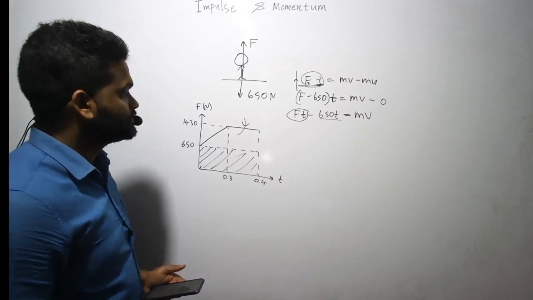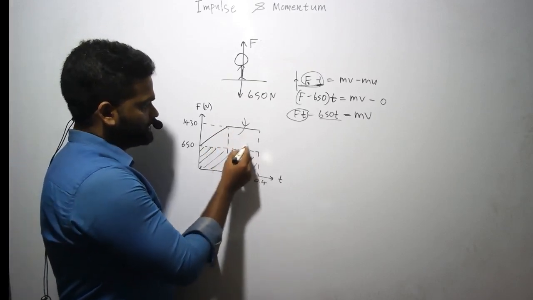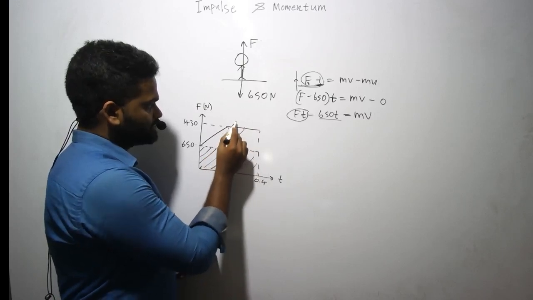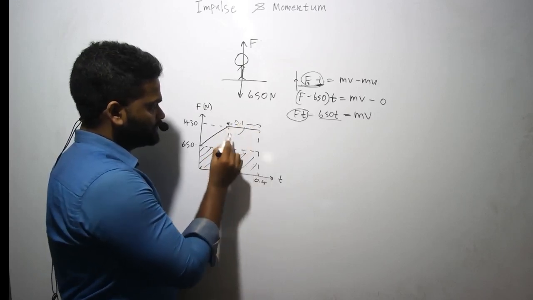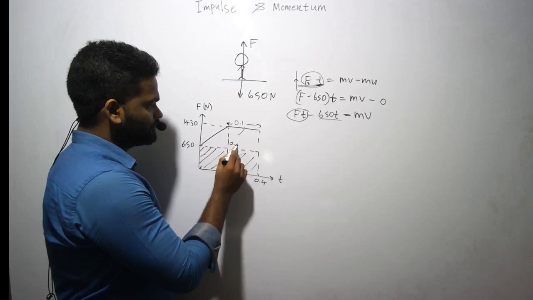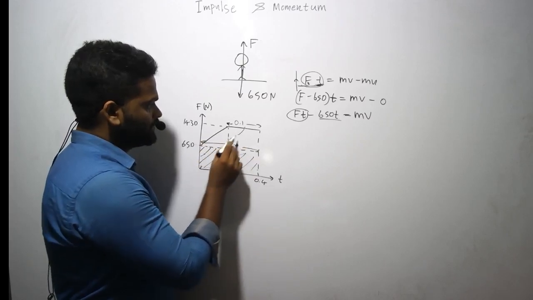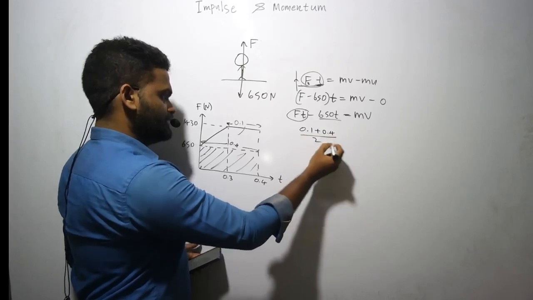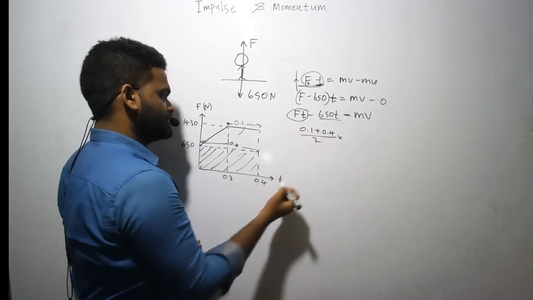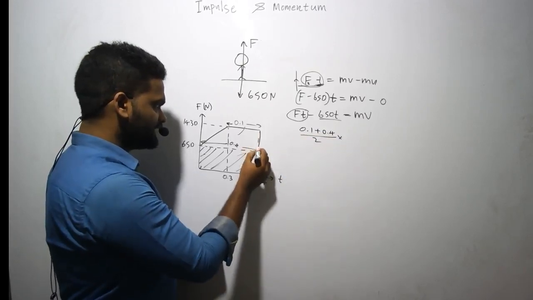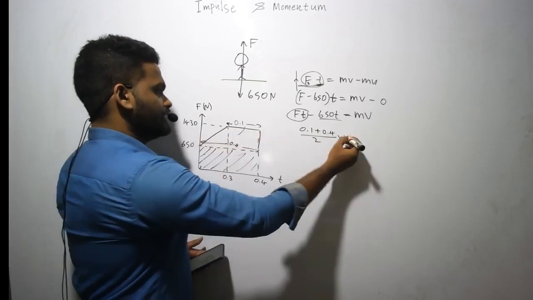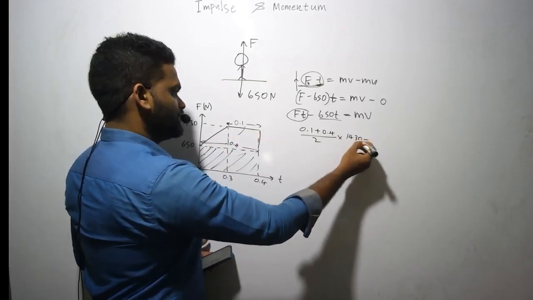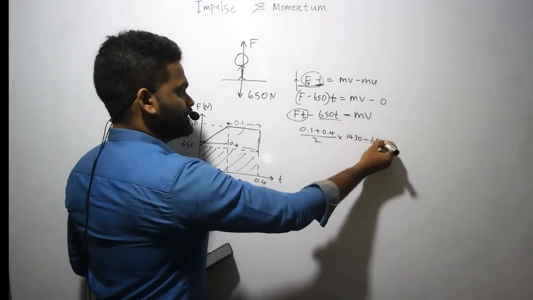Okay, so let's find the area here. So you have a trapezium. So this is 0.1. This is 0.4. This is 0.4. 0.1 plus 0.4 divided by 2 times. This length is 1430 minus 650.